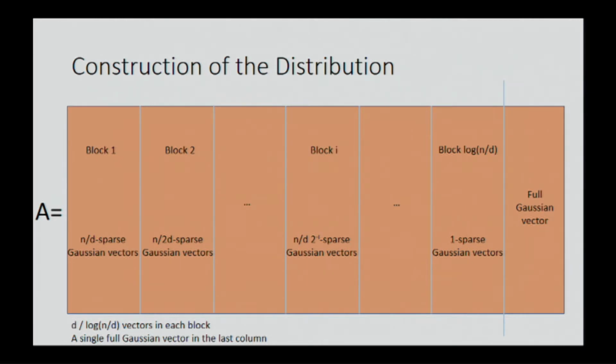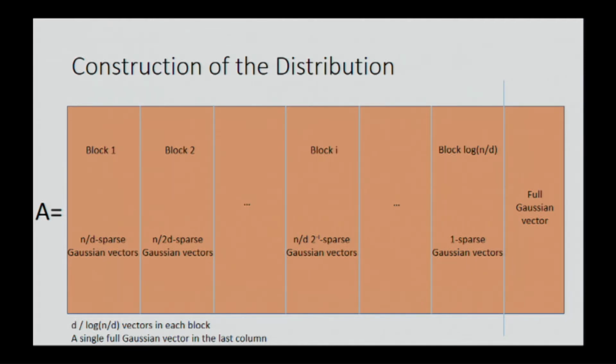A is an n by d matrix. We're going to have log n over d blocks: block 1, block 2, and so on. In each block, we're going to have the same number of vectors. We have d total columns, so each block has d over log n over d, roughly d, columns.